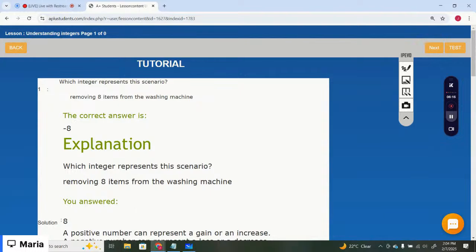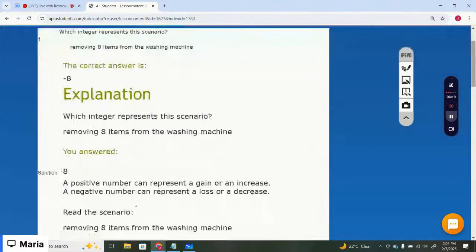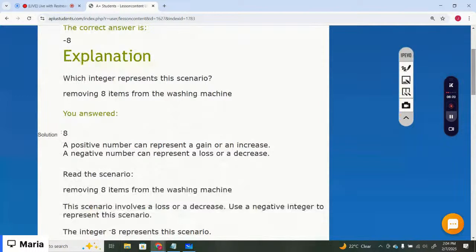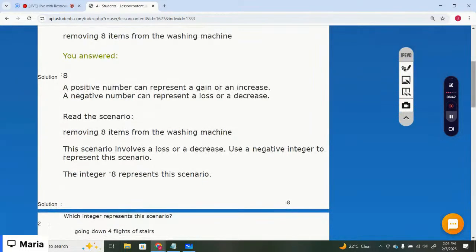Usually the positive numbers represent increase, gain and profit, and loss and decrease are represented by the negative numbers. Removing means a loss or decrease, so it is represented by a negative number. So the integer -8 represents the scenario.